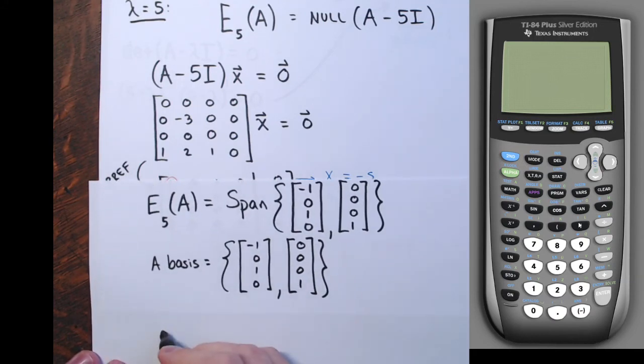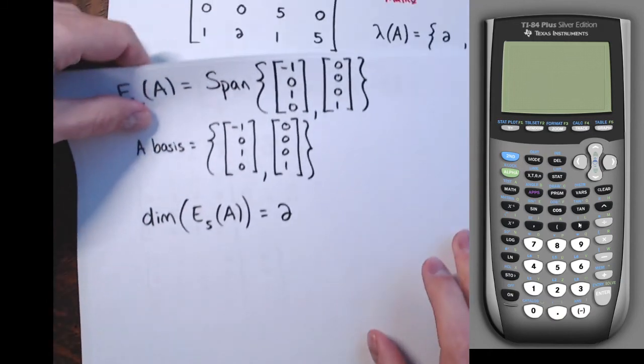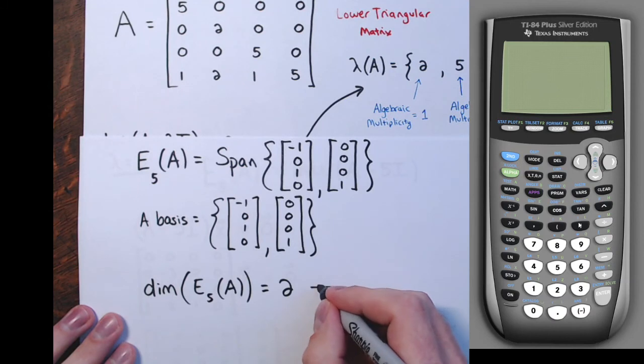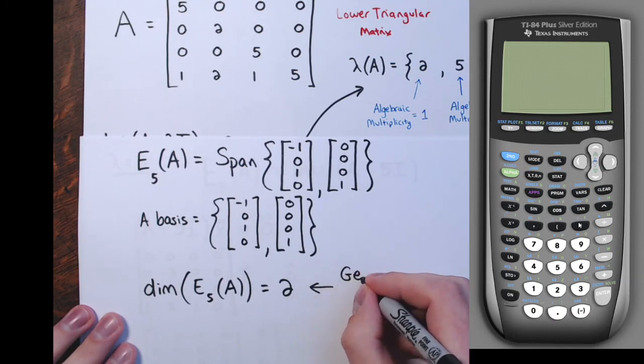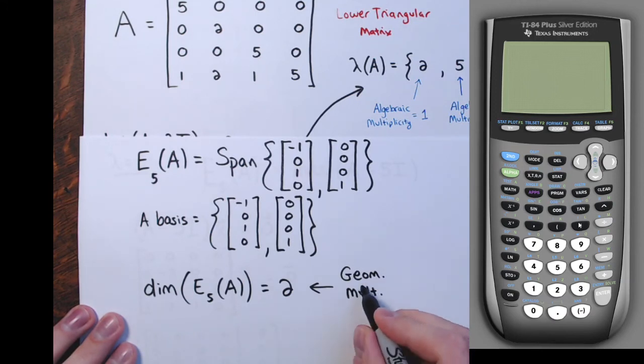Therefore, the dimension of this eigenspace is 2, and that is called, again, the geometric multiplicity of lambda equals 5. So I'll just do geom mult. Right. That's the geometric multiplicity of lambda equals 5.